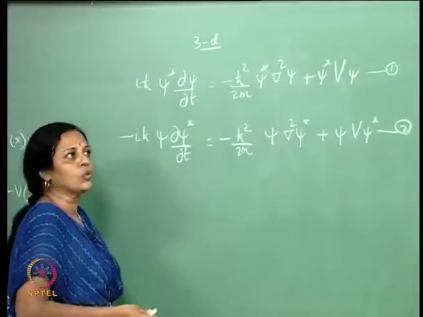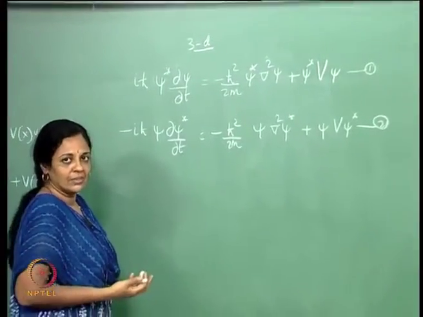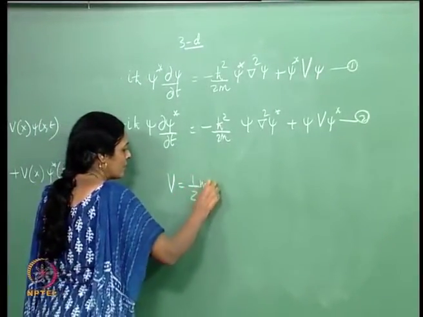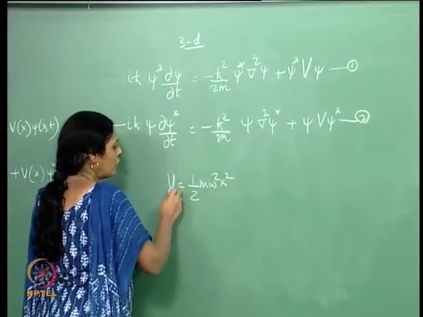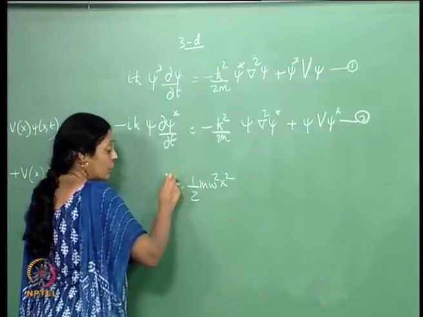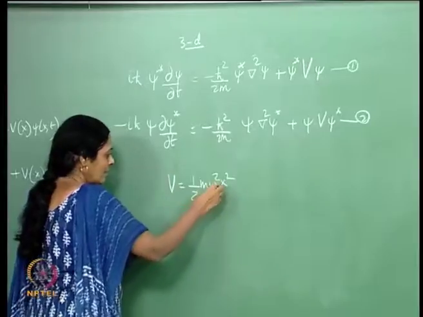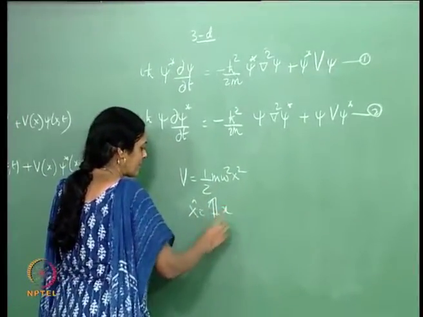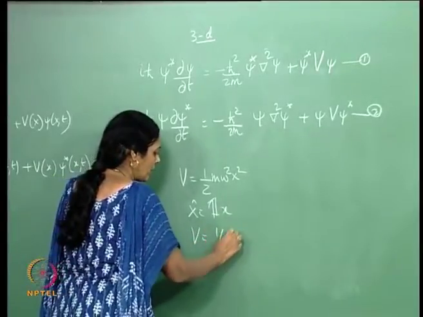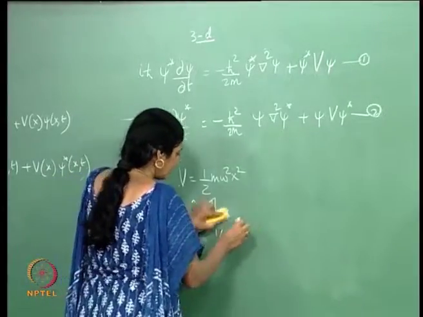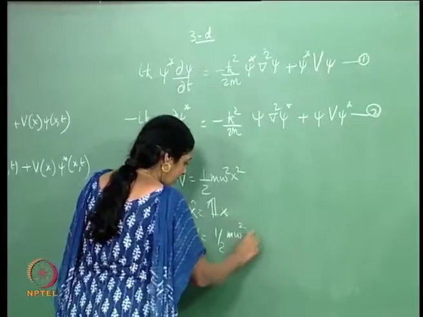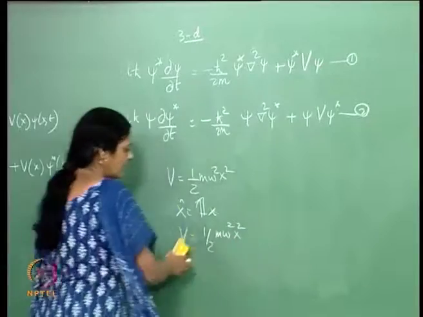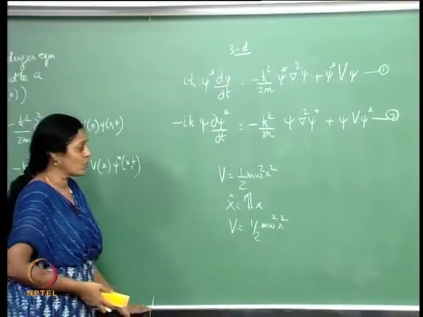For instance, if you looked at a potential which is quadratic, like in the case of the oscillator, V is half m omega squared x squared. V would normally have been an operator, but since this operator x is merely identity times x, V is half m omega squared x squared, times identity if you wish, but I am going to suppress that, and I just write V as half m omega squared x squared.